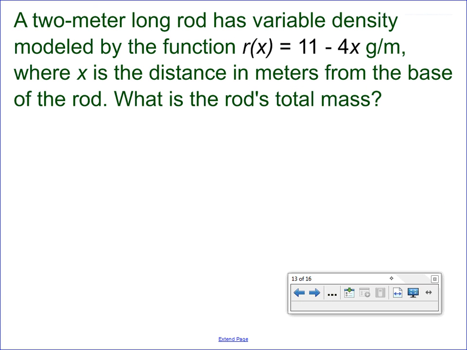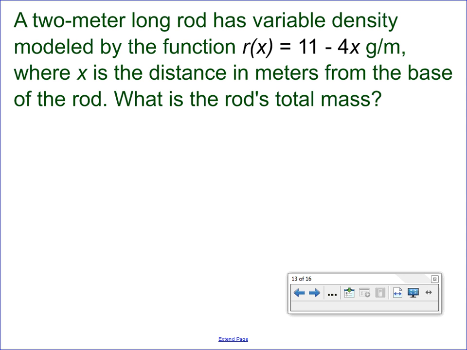Alright, so now let's suppose that a 2-meter long rod has variable density modeled by the function r of x equals 11 minus 4x grams per meter, where x is the distance from the end of the rod, measured from the base of the rod. What's the rod's total mass? Let's do a units check.